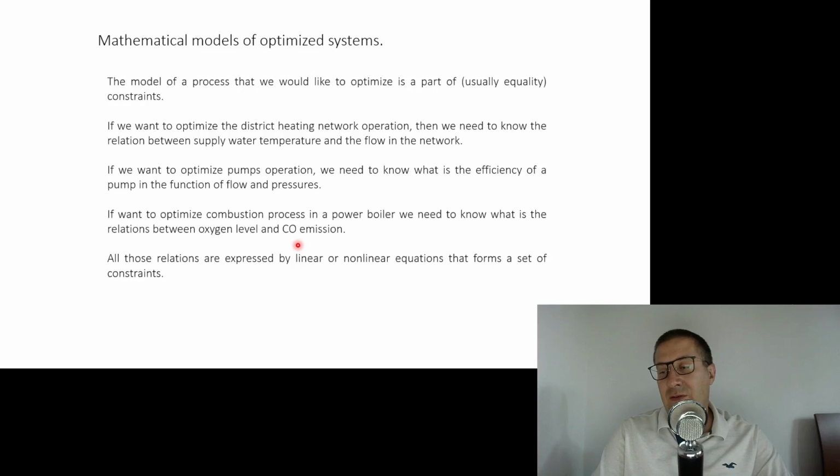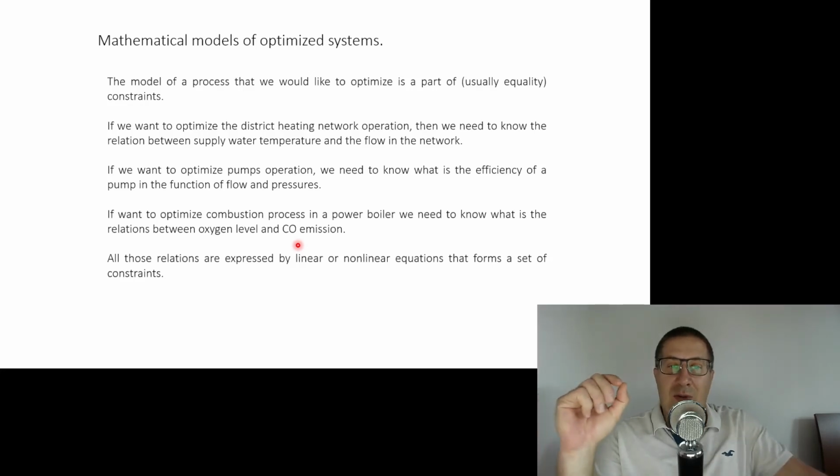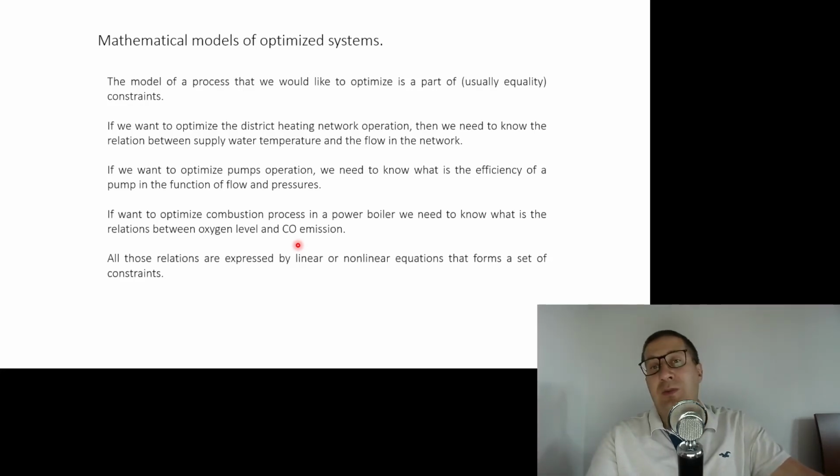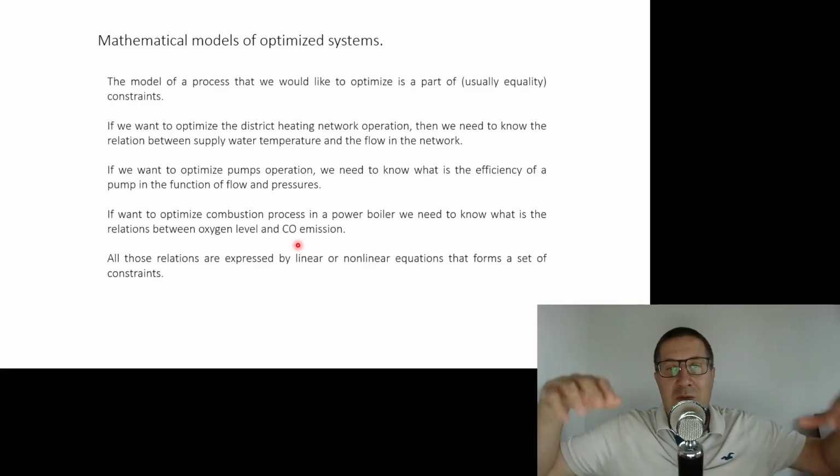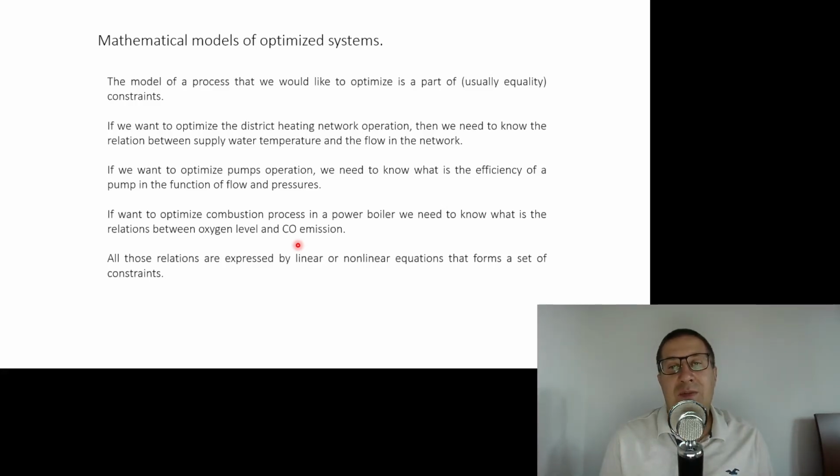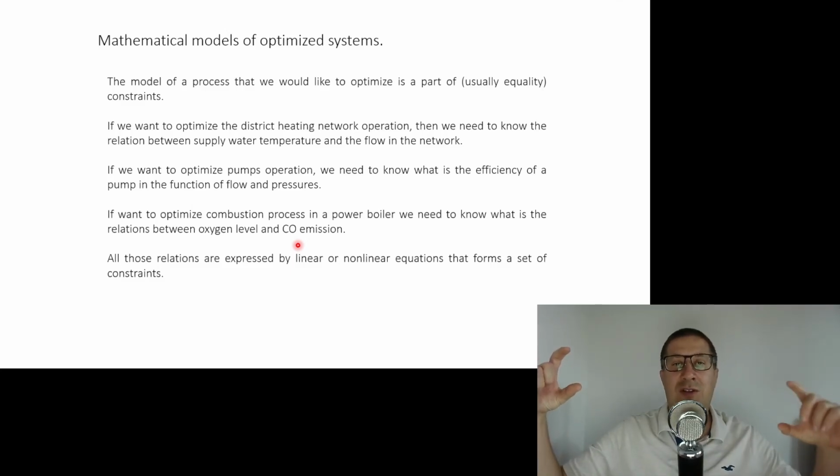Okay, a few words about the mathematical models used in optimization. The model of a process that we would like to optimize is usually part of the constraints, right? Usually those are equality constraints. If I change the pressure, I will see a change in the temperature.